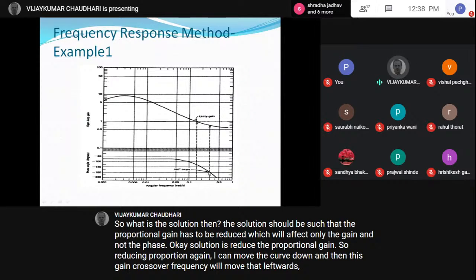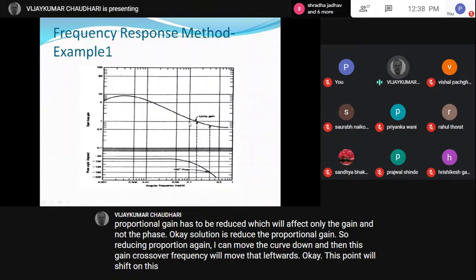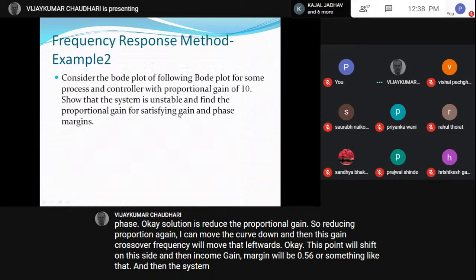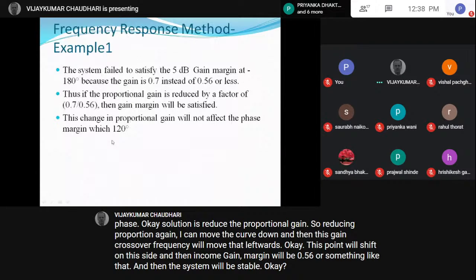This point will shift to this side, and then the gain margin will be 0.56 or something like that, and then the system will be stable. So this has to be done.